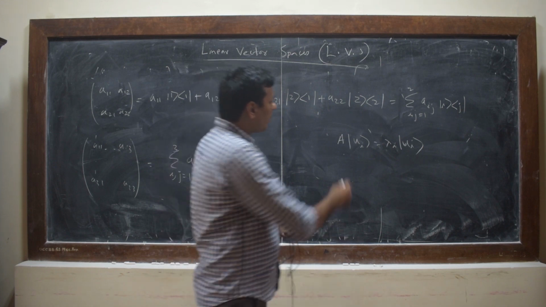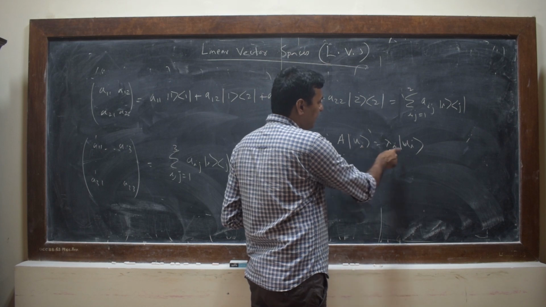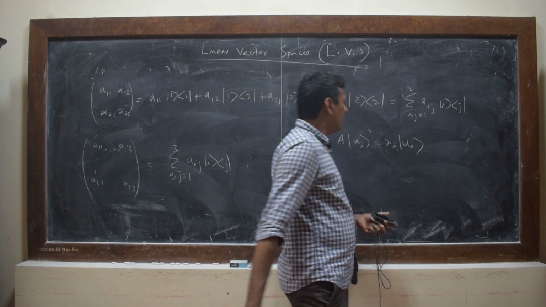So lambda i is the eigenvalue corresponding to the eigenvector ui.